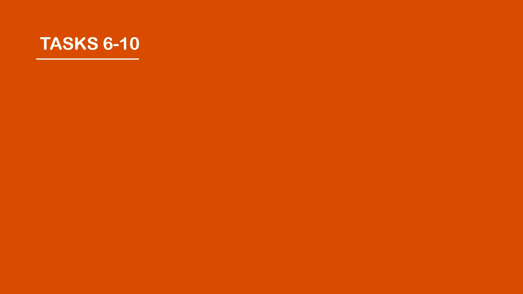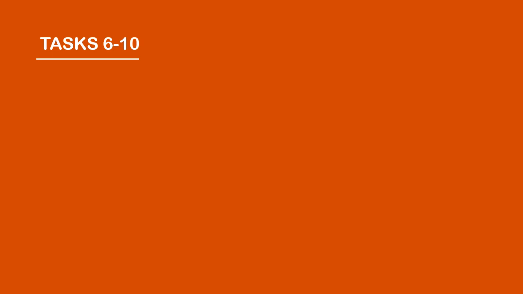So let's do a review of tasks 6 through 10. We have 15 total tasks, remember? So we're going to review what we learned in tasks 6 through 10. And as a reminder, I am not going into deep detail in this webinar presentation because I have other resources that I go into detail with each one of these tasks.